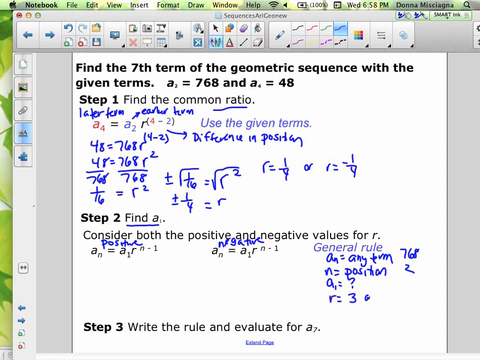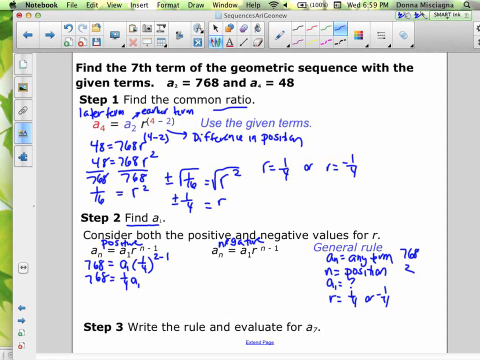And then we're solving for A1, that's our unknown, and our R is 1/4 or negative 1/4. So 768 equals A1 times 1/4 to the 2 minus 1 power. That's not so bad because that's just going to be 1/4. So 768 equals 1/4 A1.